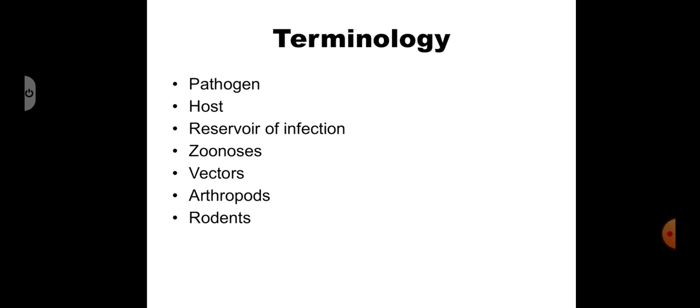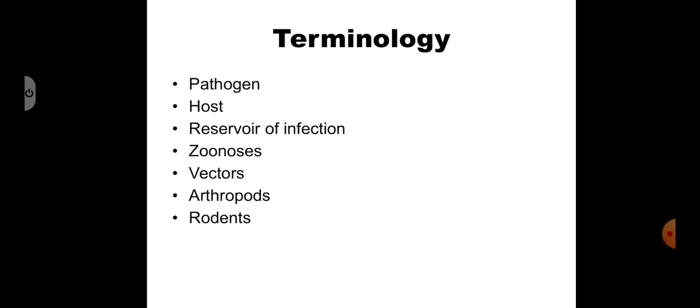Zoonosis is transmission of pathogen from animals to humans. An infection transmitted between animals and human beings is zoonosis. Vector can be an insect, a tick, or a rodent, any animal or bird which can transmit disease to humans. What are arthropods?